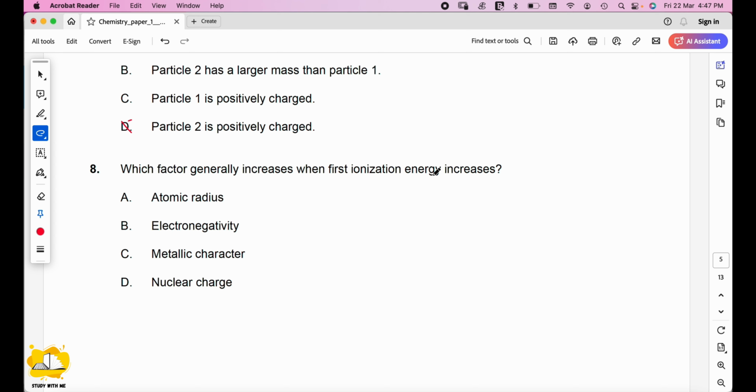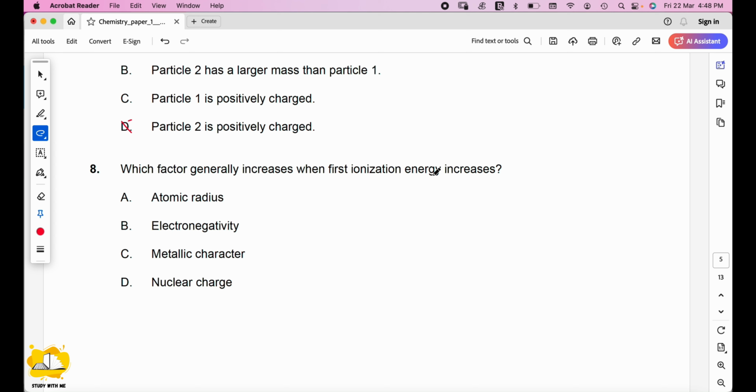Okay, for number 8, which factor generally increases when first ionization energy increases? When the first ionization energy increases, more energy is required to withdraw an electron from the atom, as electrons in the last shell are tightly bound to the nucleus.